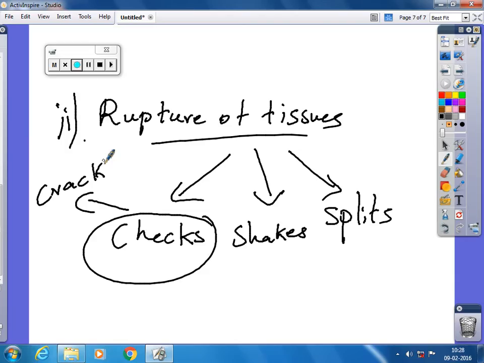And when it occurs at the end, it is called end split.